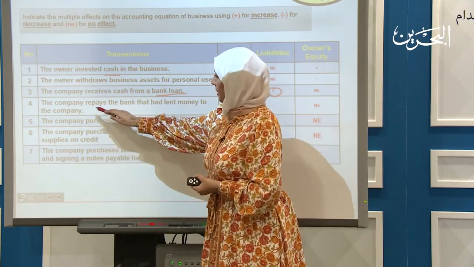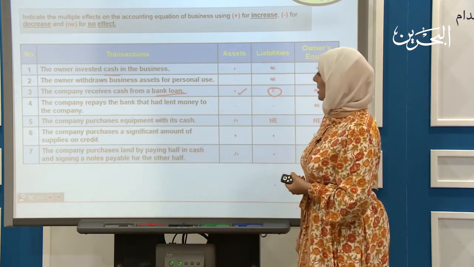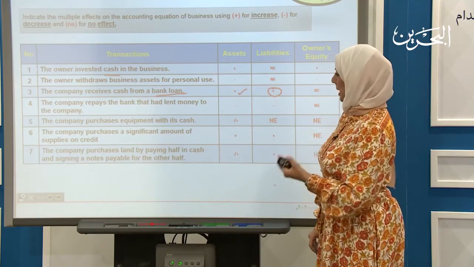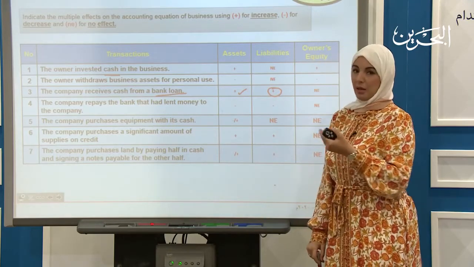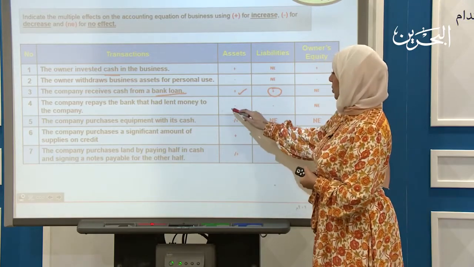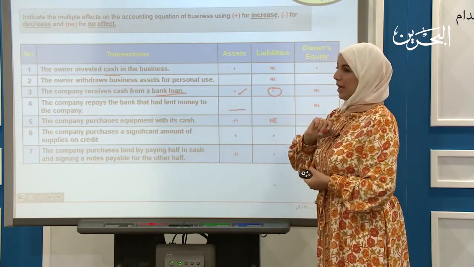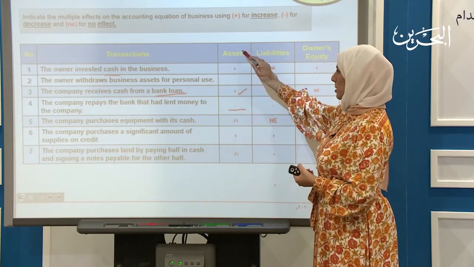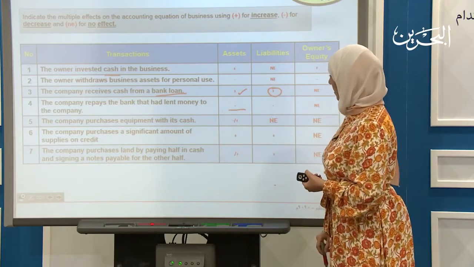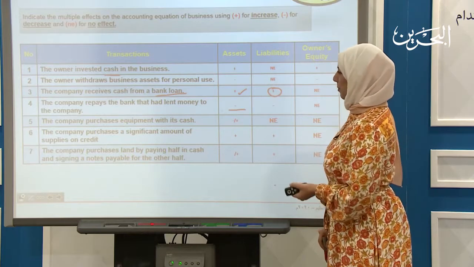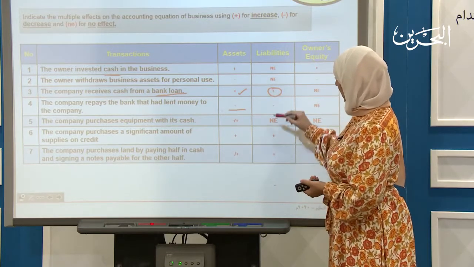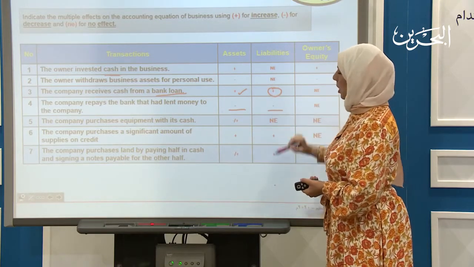Fourth, the company repays the bank that had lent money to the company. If the company repays, it will decrease the cash, and I know cash is an asset account. And if I pay back the money I borrowed, the liability also will decrease.